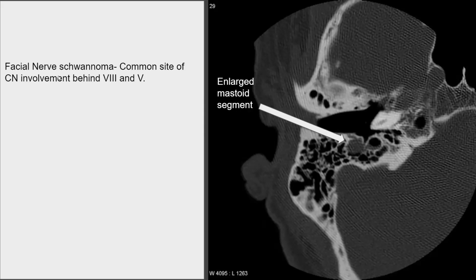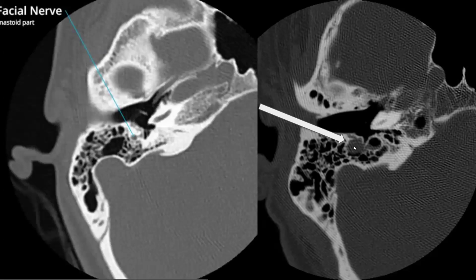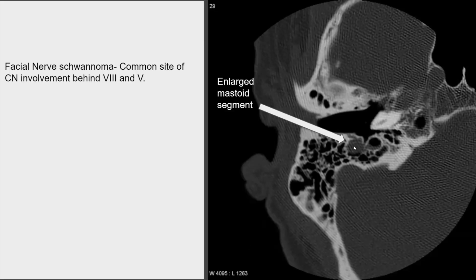Again, they are benign behaving, just like the paragangliomas. But these schwannomas are most commonly on cranial nerve 8, followed by 5, but then they can also appear on 7. And when they do, what you might see is an enlargement of the mastoid segment, for instance.